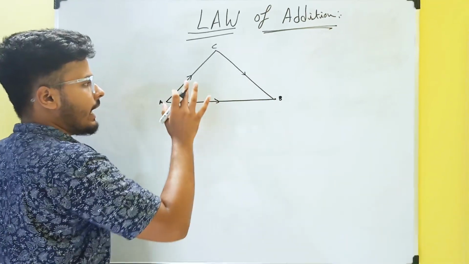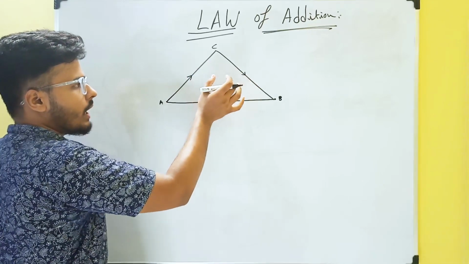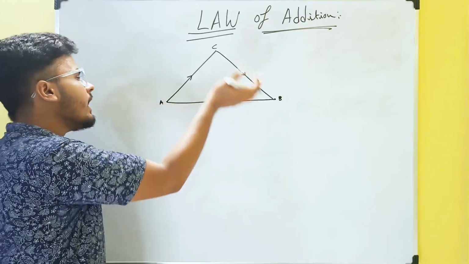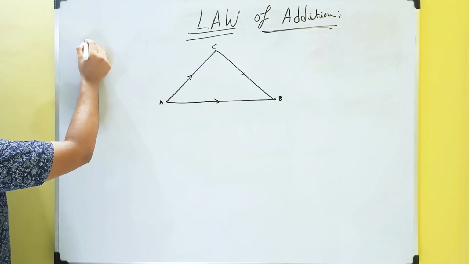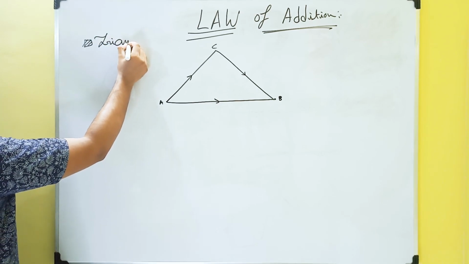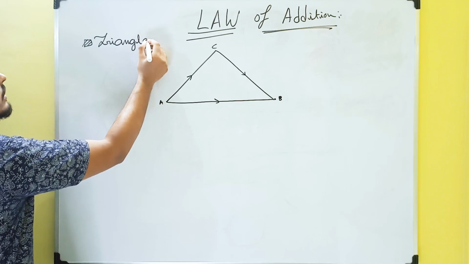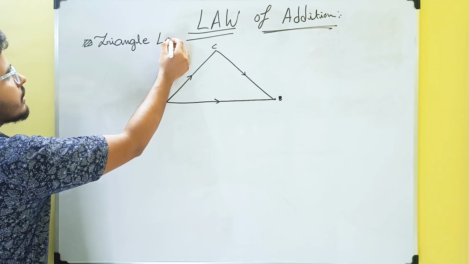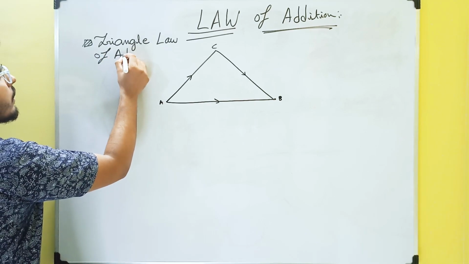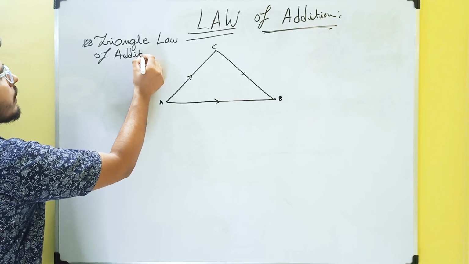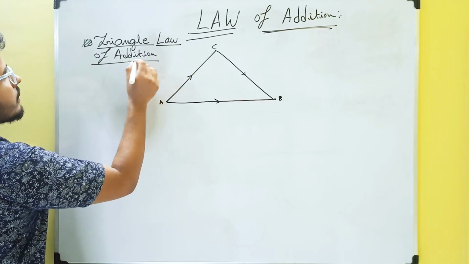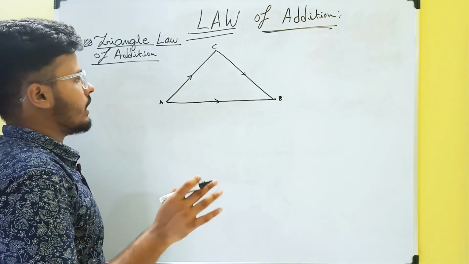So we can say that the resultant of these two paths is this one, and here we have the triangle law of addition.